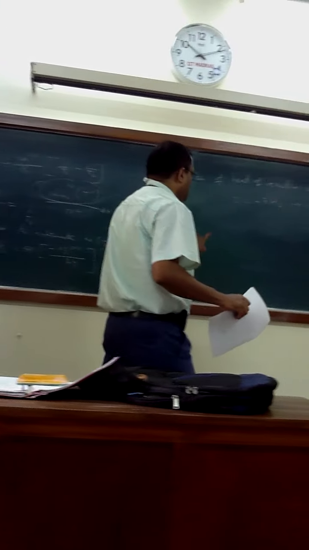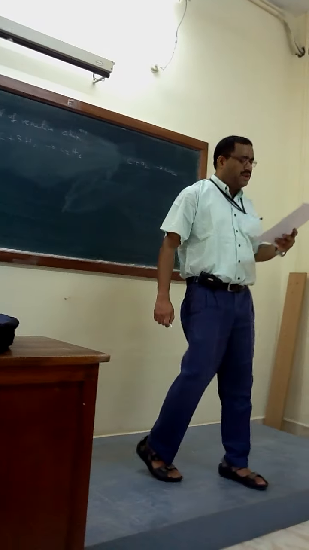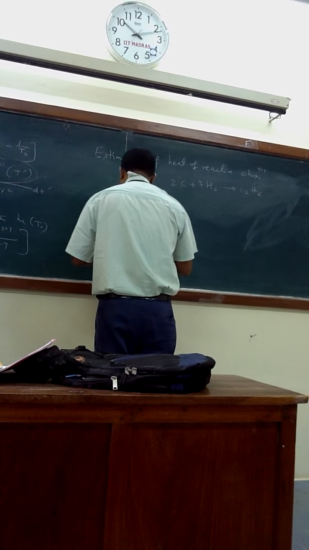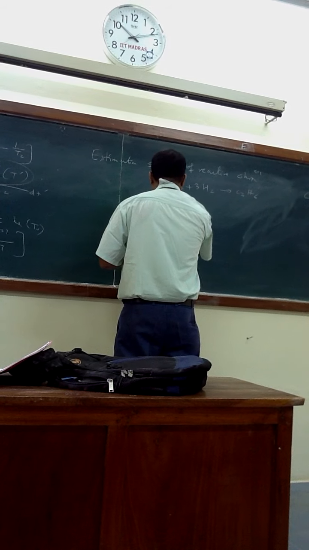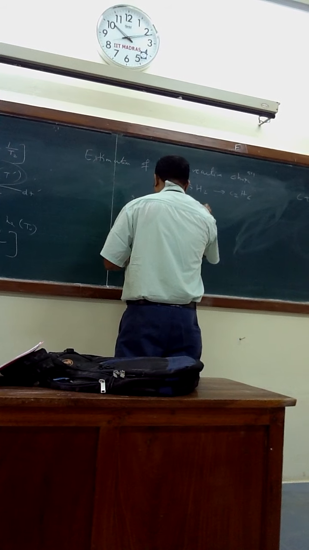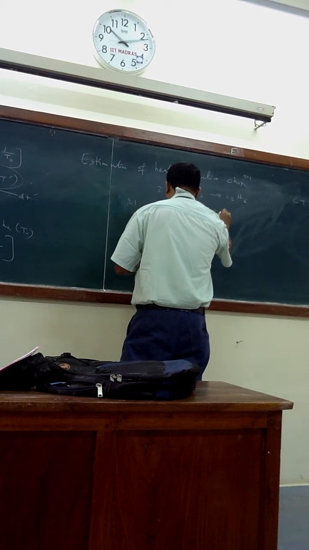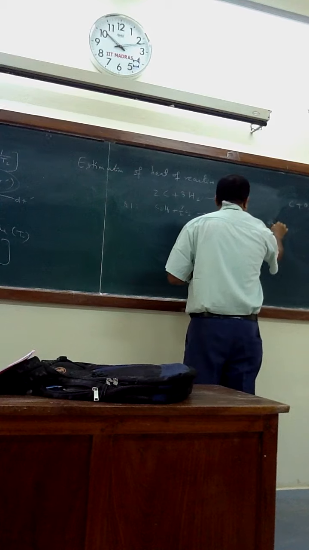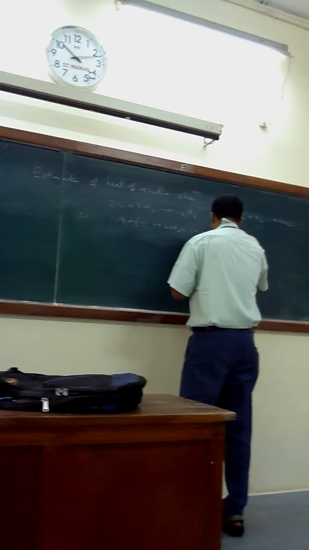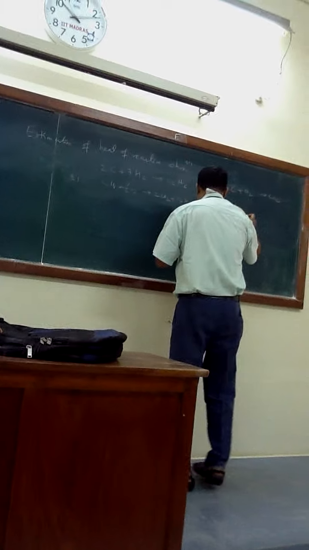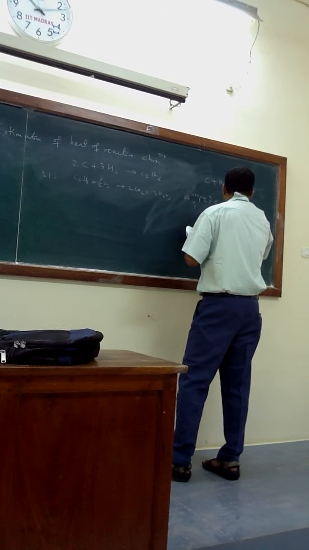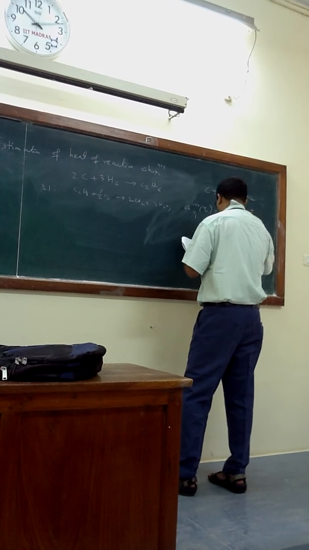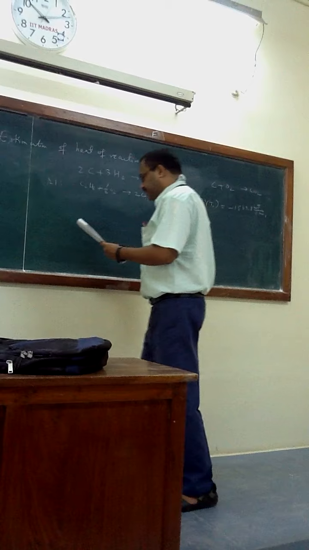So to estimate the heat of reaction, I have the three reactions for which data are given. I note them down. Reaction 1: C2H6 plus 7/2 O2 giving 2CO2 plus 3H2O, with delta H reaction at T0 for R1 given as minus 1539.8 kilojoule per mole.